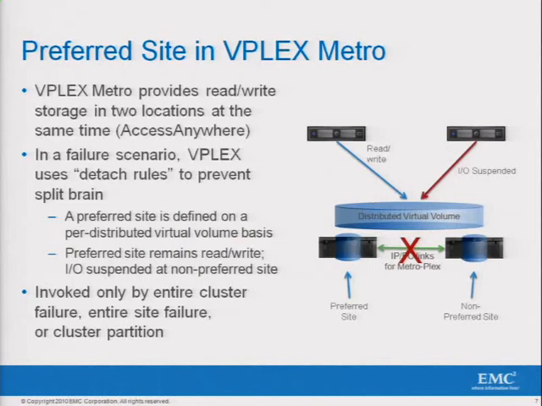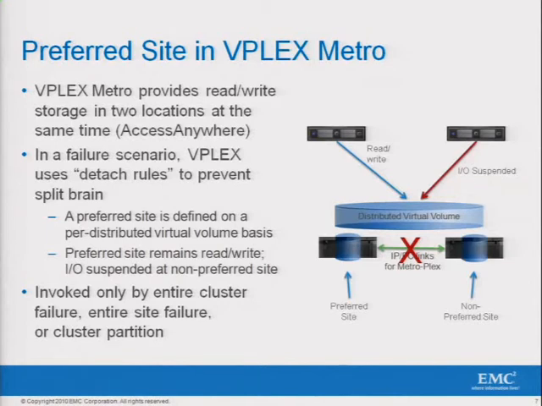Well, as you'll see the side build, what actually happens is one of these two sites has its I/O suspended to avoid a split brain scenario. And this is true with any stretched cluster configuration, okay? Any sort of storage configuration, as far as I am aware, you take it and you do something like this and you have a cluster partition, you're going to have to do something to avoid split brain. If you don't avoid split brain, then you run into data corruption, data loss, et cetera, and that's just bad, and we don't want that to happen.